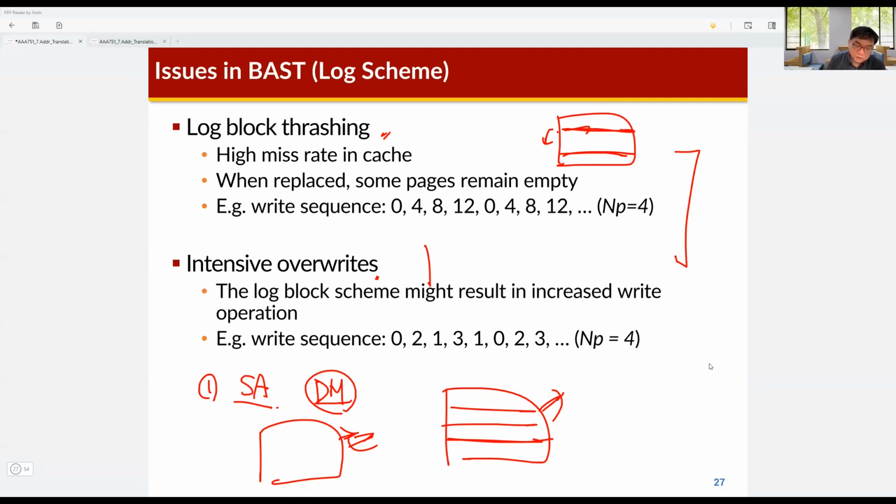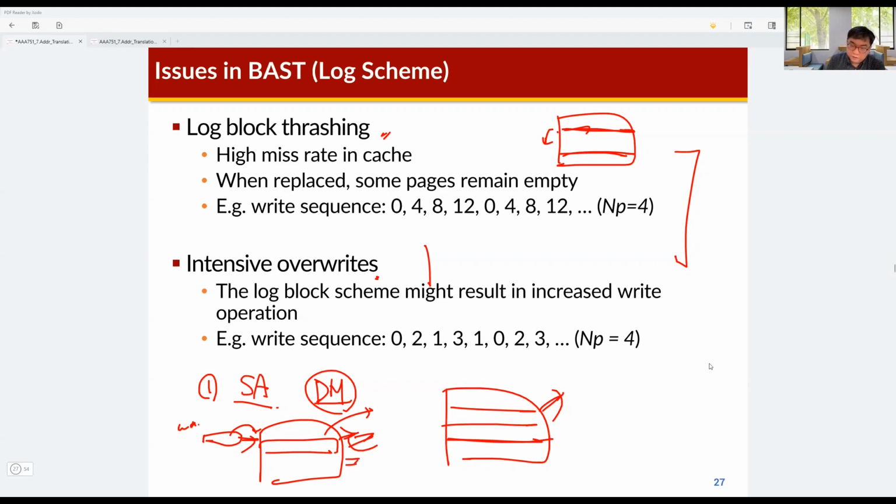It is because some addresses, that means some requests to this cache, are only assigned to a certain set or certain blocks inside of this set associative cache or direct mapped cache.